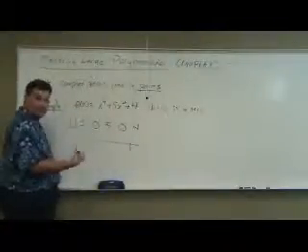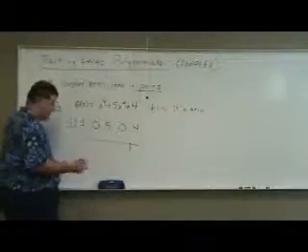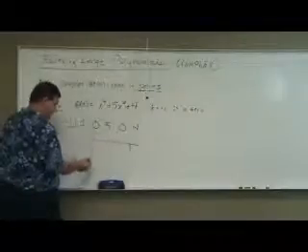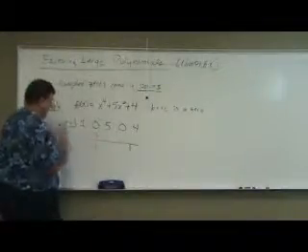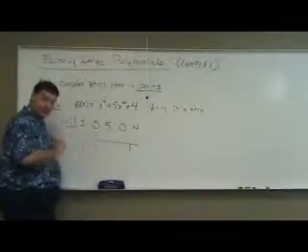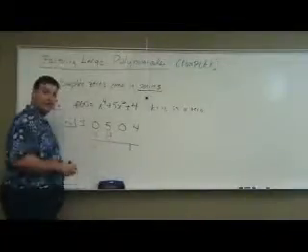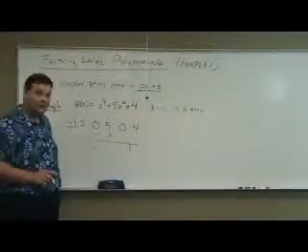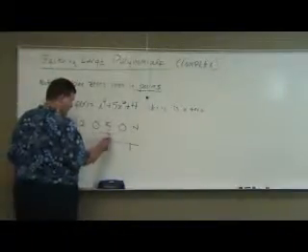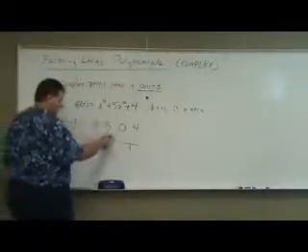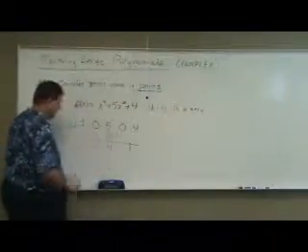This will also be good practice of how to do synthetic division with imaginaries. Negative i times 1 is negative i. 0 plus negative i is negative i. Negative i times negative i is positive i squared. But what's i squared? i squared is negative 1.